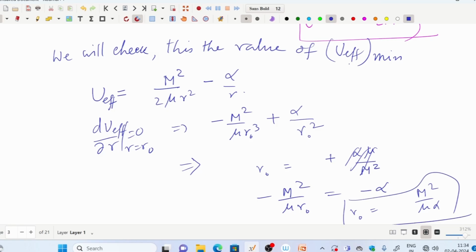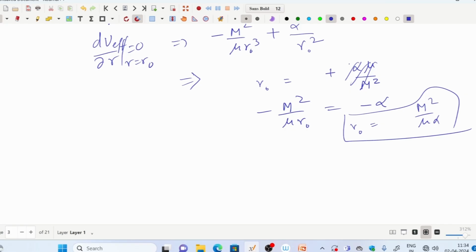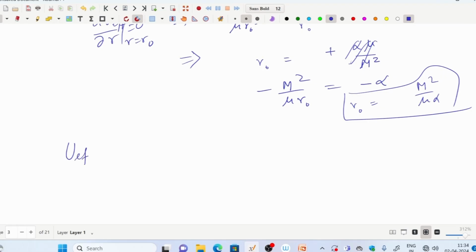So, at this point the minima will happen. Let us consider whether it is a true minimum, that is, what is the value of the energy at this point. One can calculate the double derivative and find that it is a true minimum, but at least we can find U effective at r equal to r 0.